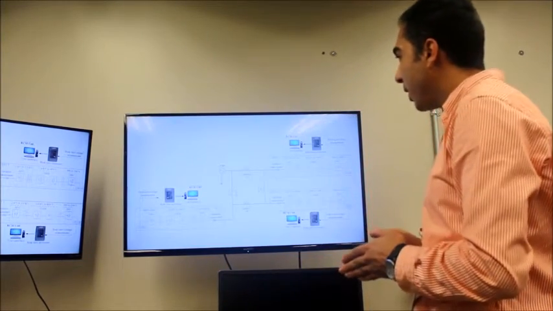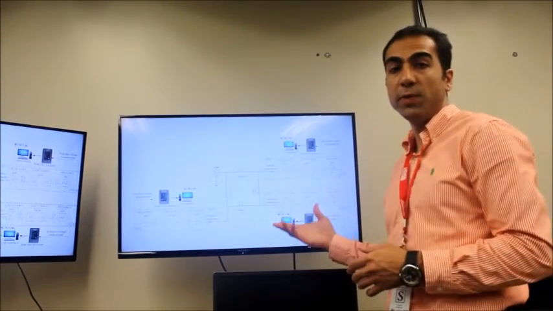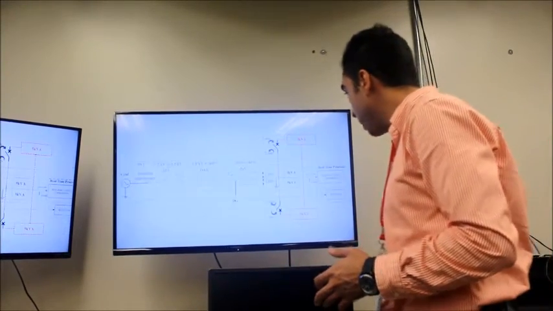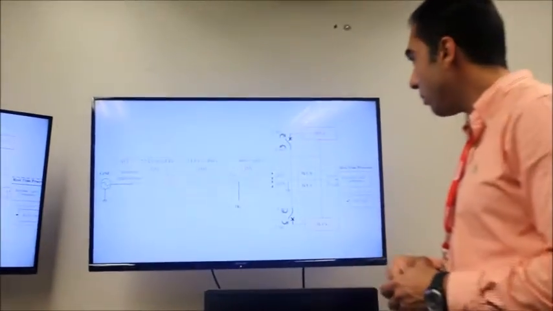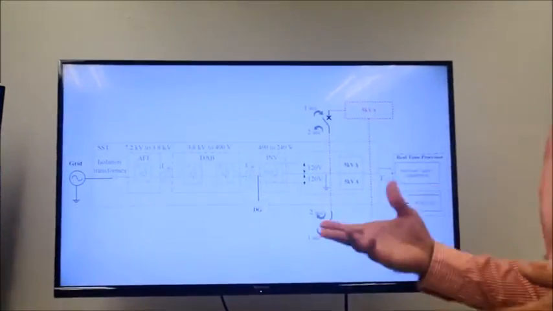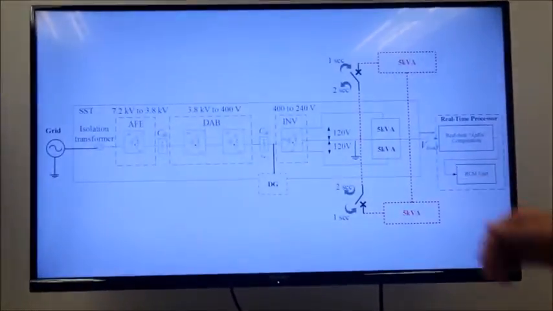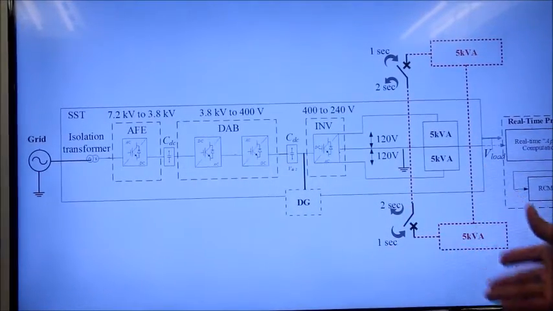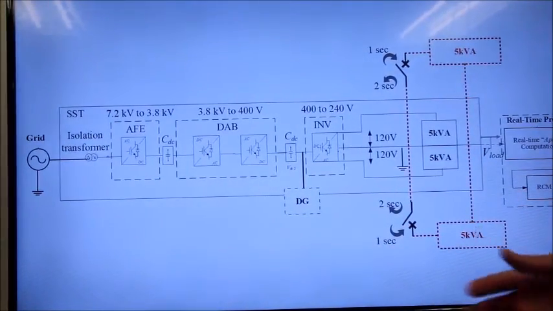We have 4 scenarios in the distribution system in order to test the complexity and the stability measurement. In the first scenario, we have load switching at the AC load side of the SST. The nominal load of this SST in this Green Energy Hub is 5 kVA.